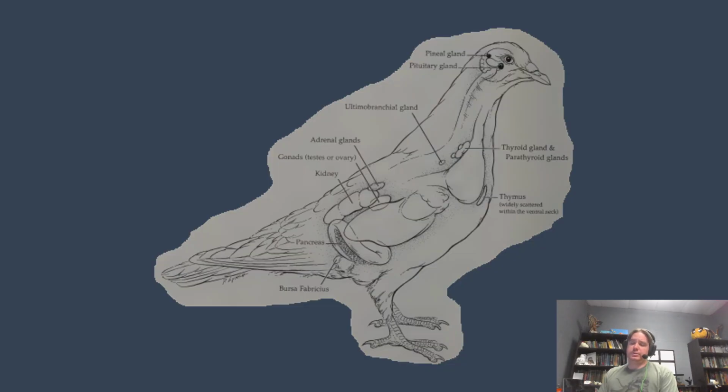The pituitary gland is very interesting. The pituitary gland makes several different hormones that are master control switches for other glands in the body. So it makes TSH that controls the thyroid, it makes ACTH that controls the adrenals, and FSH, LH, and prolactin that control gonad function, all that stuff.